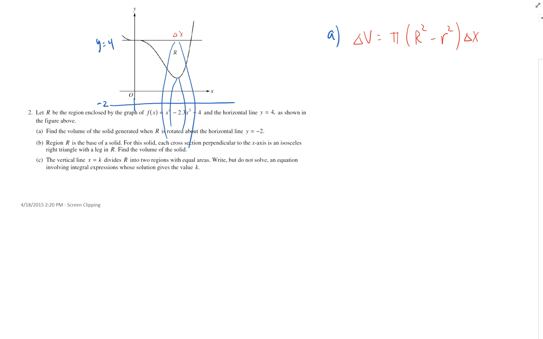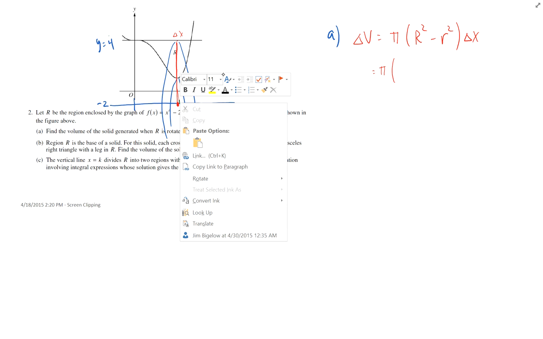So what's capital R? I start at the center, and my capital R is always my big radius, all the way up to the function. So it'll be pi times 4 squared minus, and then little r. I see I messed up already. Let's go back. This distance is 4 minus, how big is this?